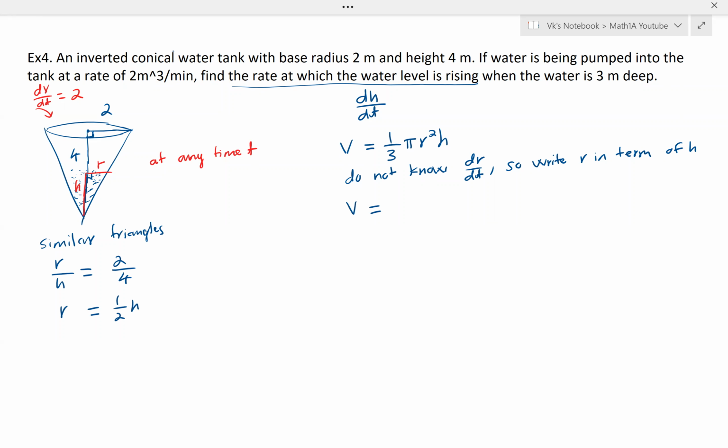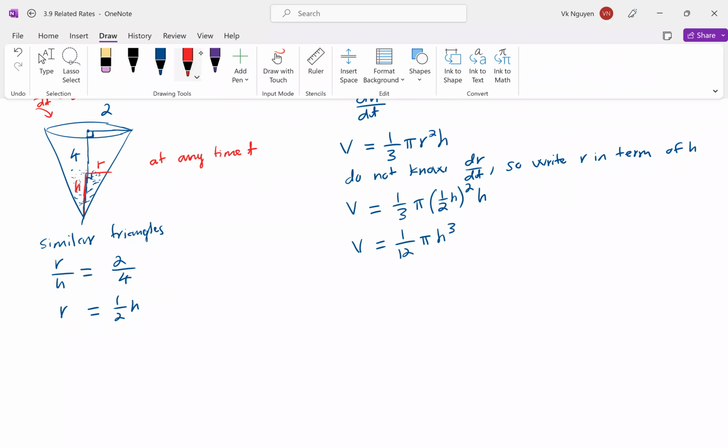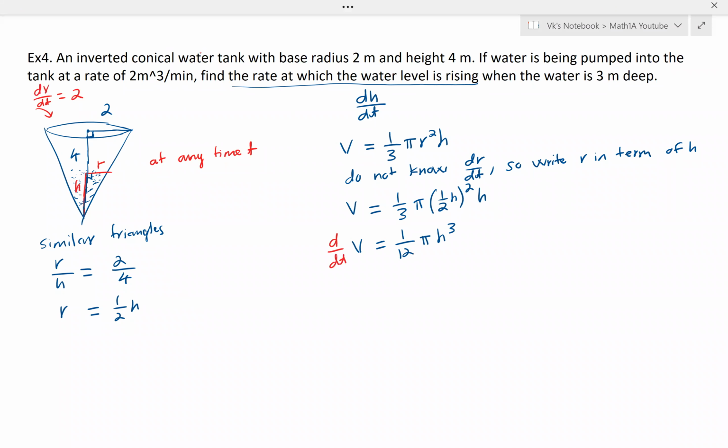Then from here, V is 1 over 3 pi times half of h squared times h, which is 1 over 3 times 1/4, so 1 over 12 pi h to the power 3. Now we can differentiate both sides with respect to t.